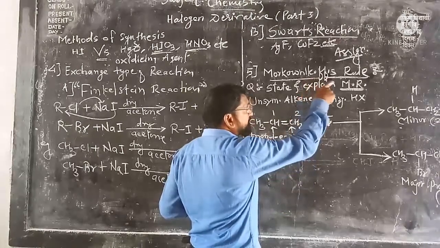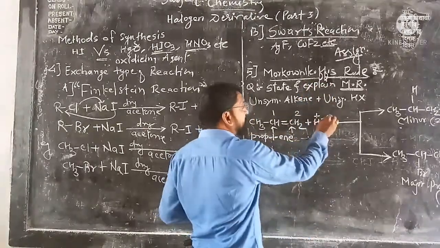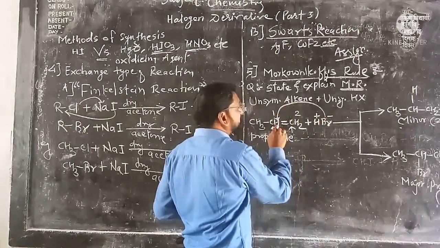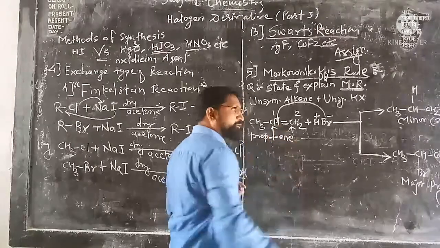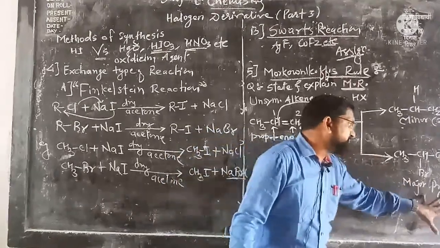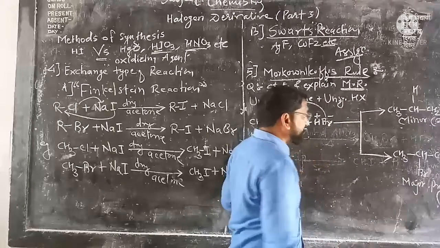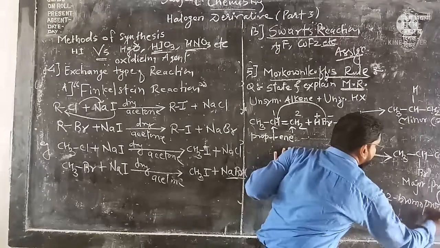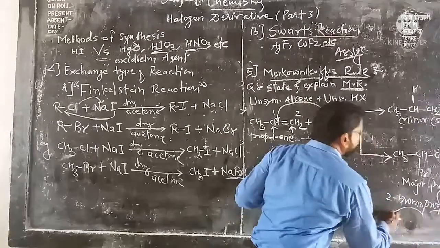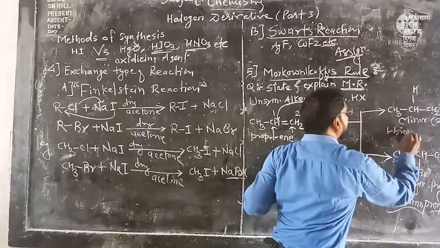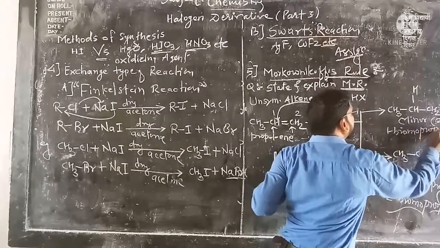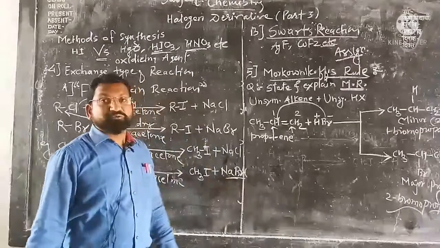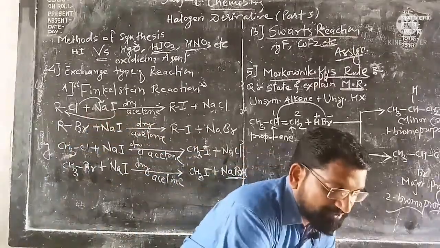Therefore, according to Markovnikov's rule, the negative part goes to that carbon atom which carries less number of hydrogen atoms, and whatever product we get, that is the stable product, the major product. So via this rule we get 2-bromopropane as a major product and 1-bromopropane as a minor product. So this is the utility of Markovnikov's rule.